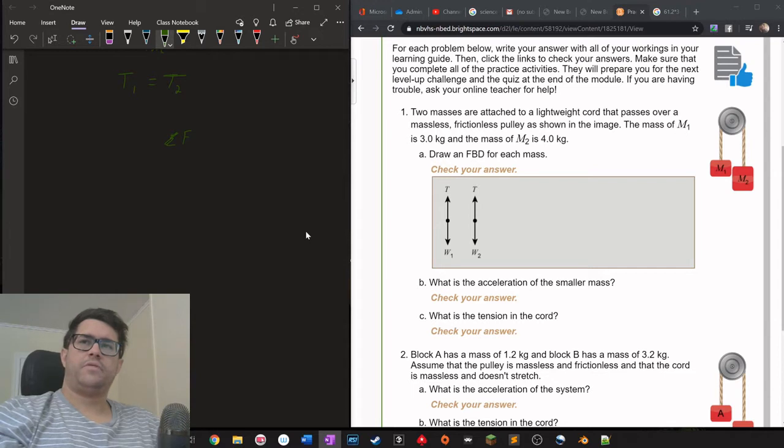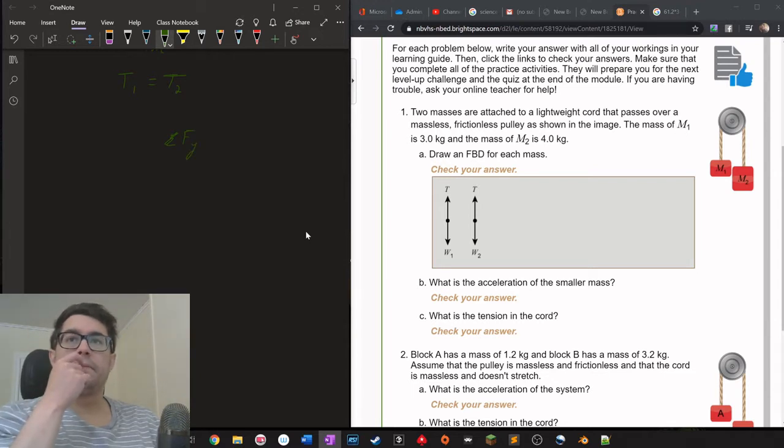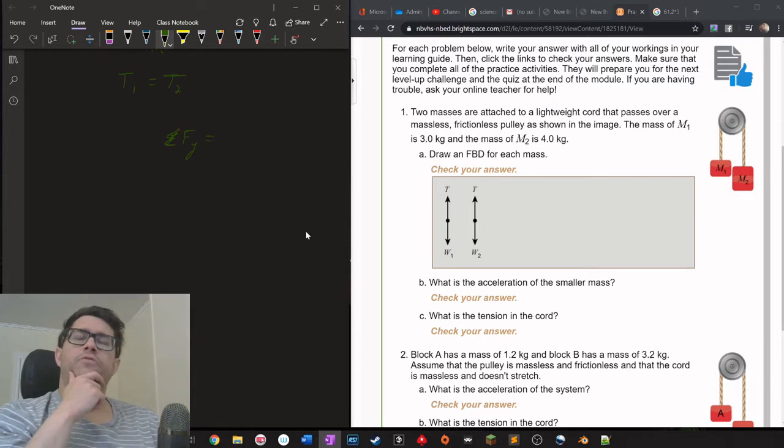Oh, the lessons. Sometimes the lessons, they go like that. And I don't care. Sum of Fy is T2 plus Fg2, which is equal to M2A. This is M1.